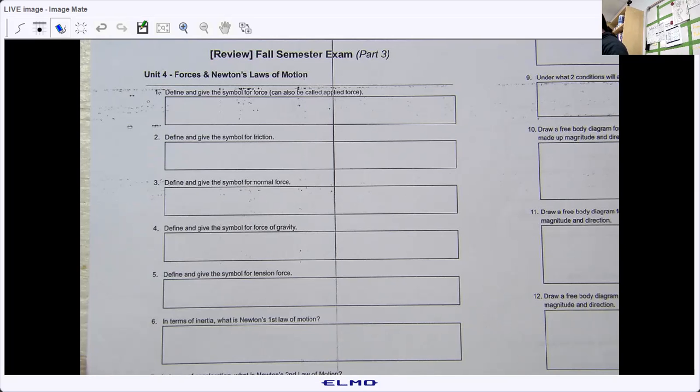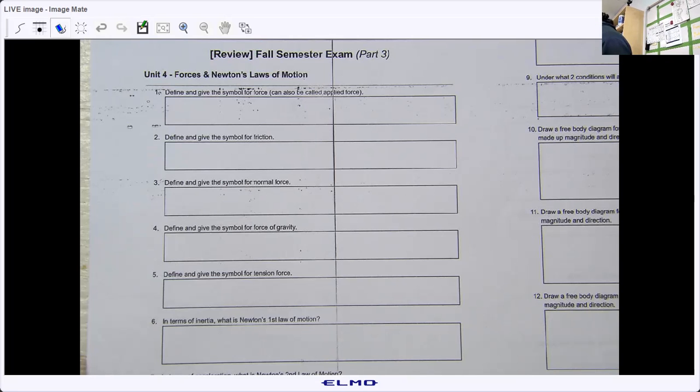What is Newton's third law of motion? Newton's third law of motion is your action, reaction forces. So for every action, there's an equal and opposite reaction, right? And so an example that we could give, right?